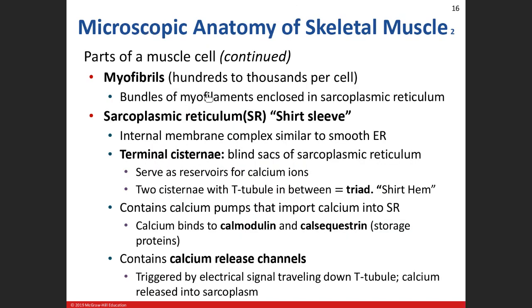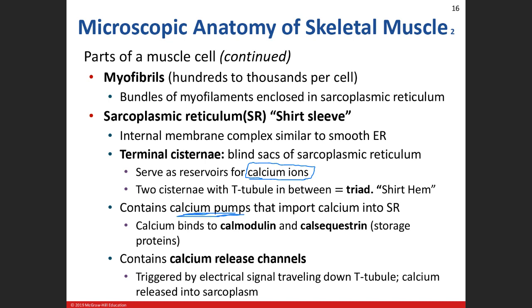Now, it's the sarcoplasmic reticulum that is going to hold on to, and this includes the terminal cisterna, the calcium ions. They're trapped in there. We want to get them out. Well, they got put into the terminal cisterna by the calcium ion pumps.